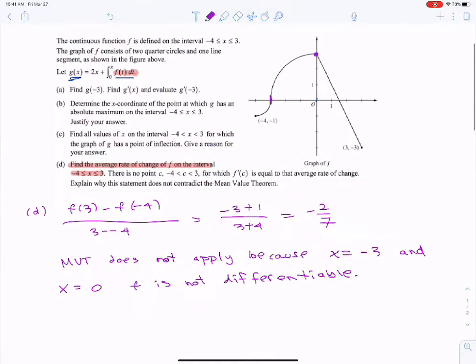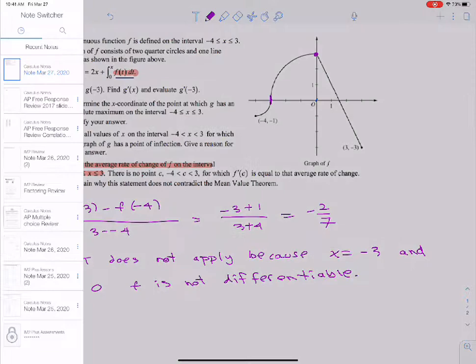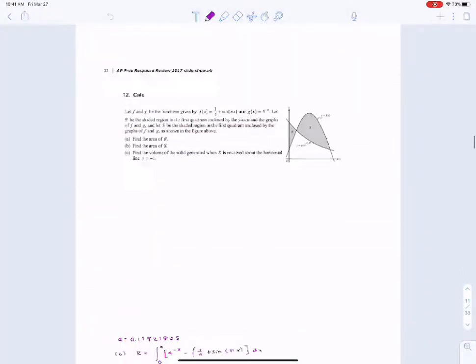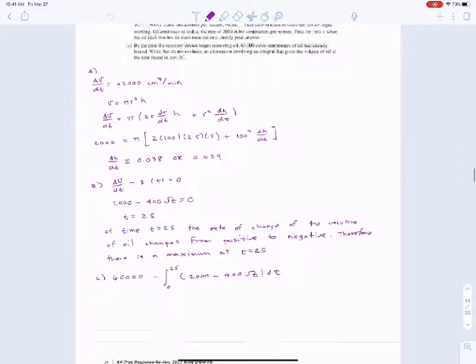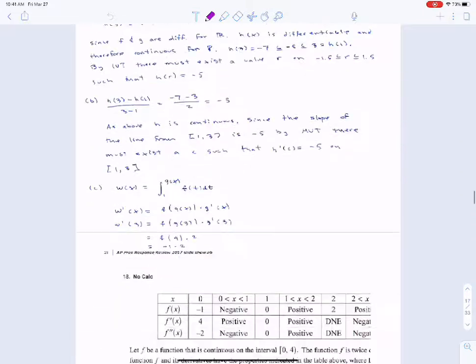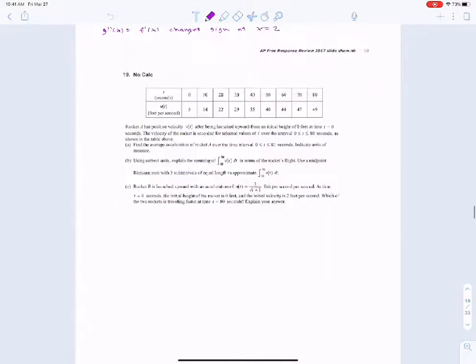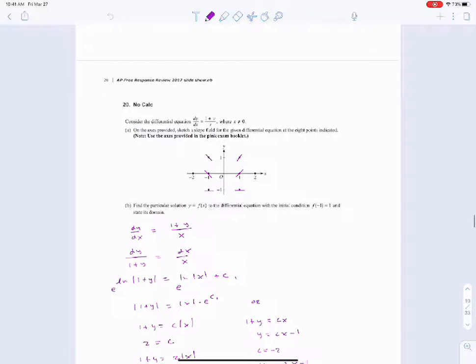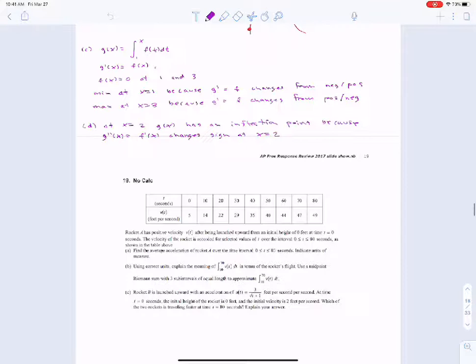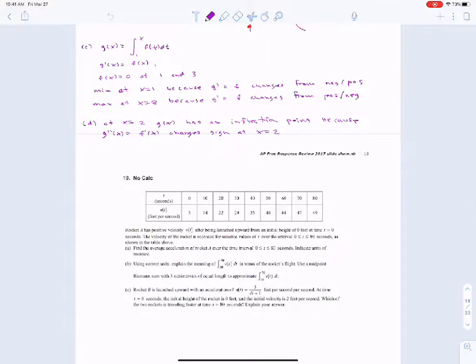Number 20. Whoops. I kind of like that format. I'm going to do that again. Number 20. Okay. Was it 20 or 19? I think it's 19, huh? Let me double check. It was 19. I know it's 19. I say that not knowing it's 19, but I'm pretty sure it's 19.